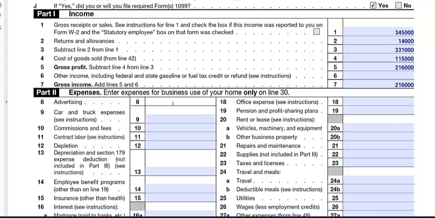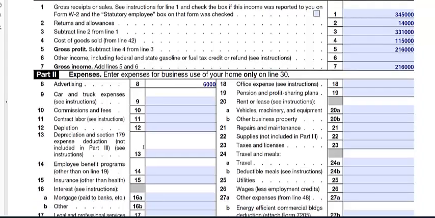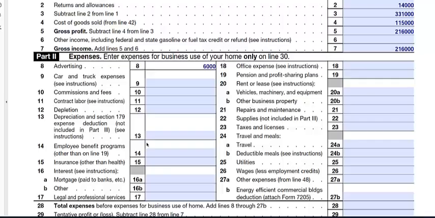Her advertising was reported at $6,000. Then we're going to skip depreciation. We've got a long calculation for that, so we'll come back to line 13. Line 15, insurance, was $2,500. Rent for other business property was $24,000.